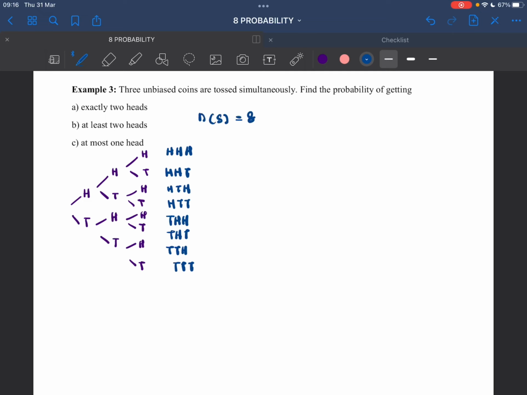That is what you are going to do. If you are doing probability, you have to list out all the outcomes and put how many number of sample space you have.